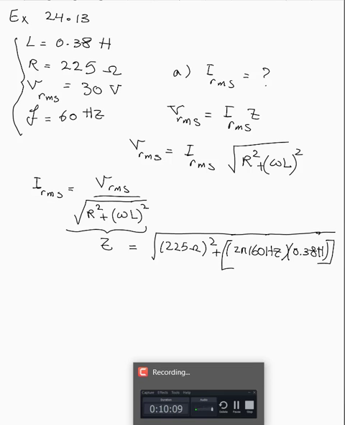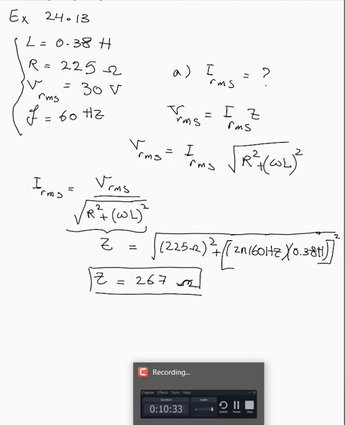Please be careful about how you square each part separately. With these numbers, Z is going to be 267 ohms, and remember that this is a type of resistance, so impedance has the unit of ohm.